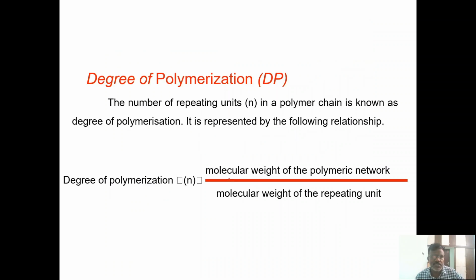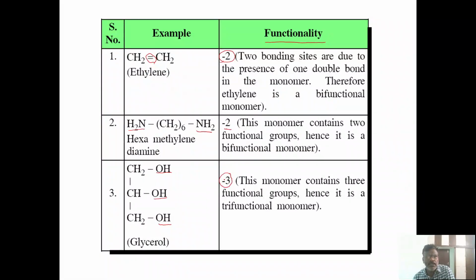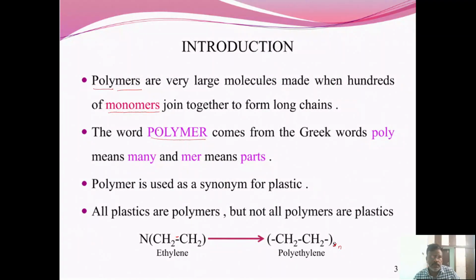The next definition is the degree of polymerization. Degree of polymerization is nothing but the number of repeating units in a polymer chain. What do you mean by the number of repeating units? You can see in the earlier slide, that n is nothing but the degree of polymerization.